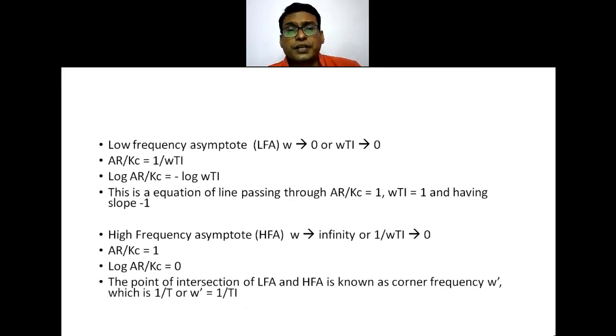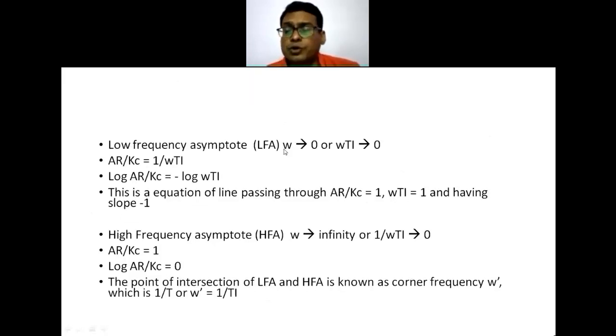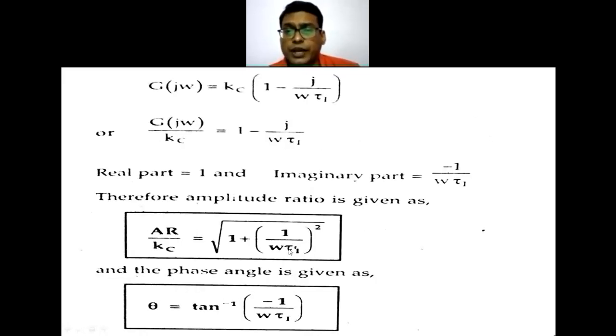Now, plotting the Bode plot, we will consider our formula for amplitude ratio, which is equal to the square root of 1 plus 1 upon omega tau I whole square. So considering this formula, when W tends towards 0, W tau I will also tend towards 0.